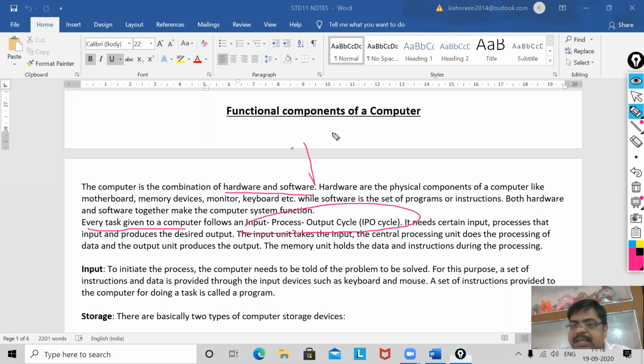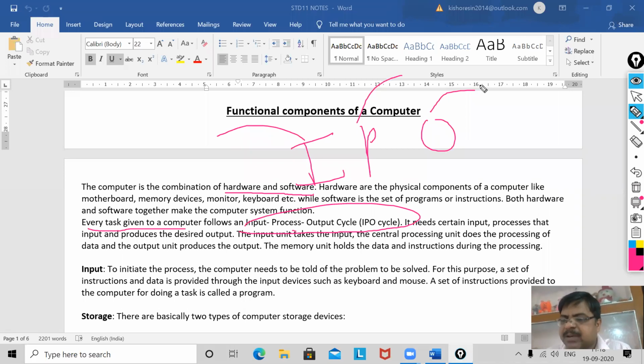If I'm talking about the IPO, it means input, process, and output. Whatever the task that you want to perform must have the input data. Process, using the instructions, your data will be processed, and after that it will display the result on the screen.